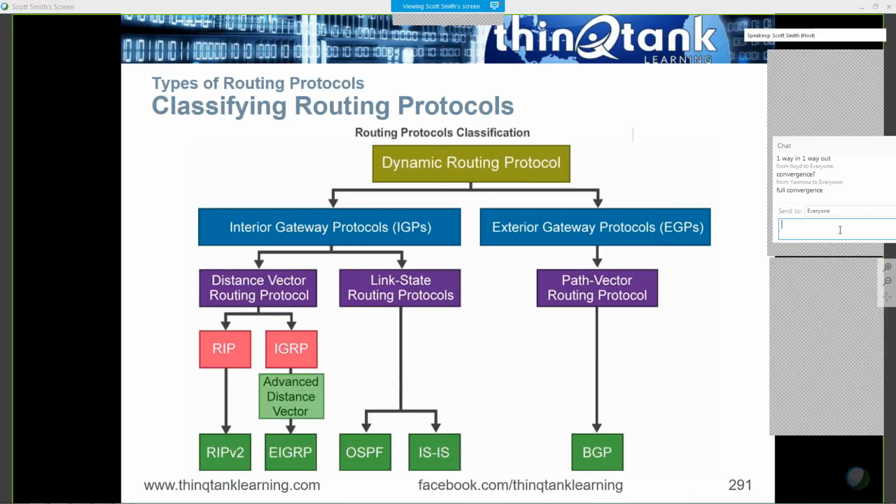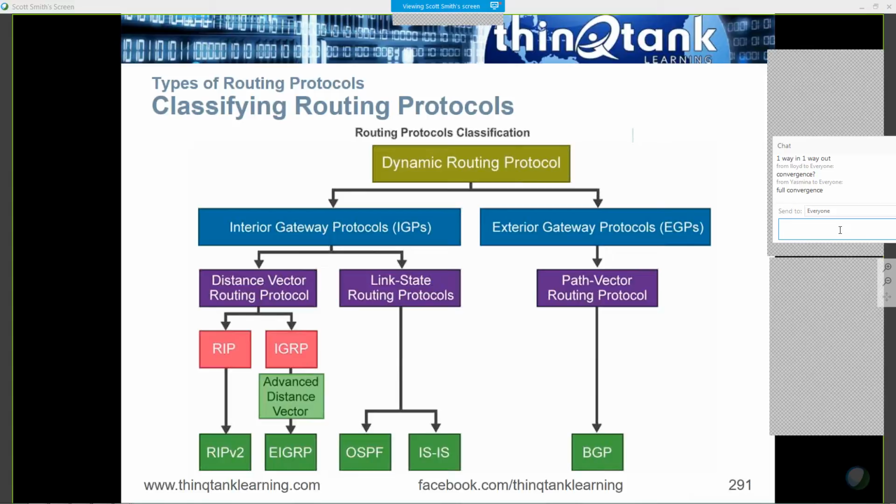EIGRP kind of gets a bad rap, because distance vector routing protocols, we already know that RIP and IGRP are bad, right? Why are RIP and IGRP bad? Because they're classful. That's right. RIP and IGRP are bad because they're classful.